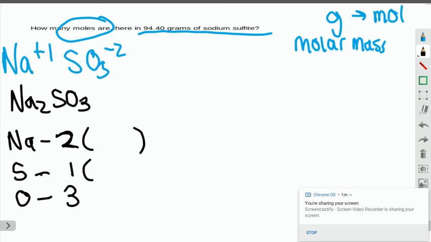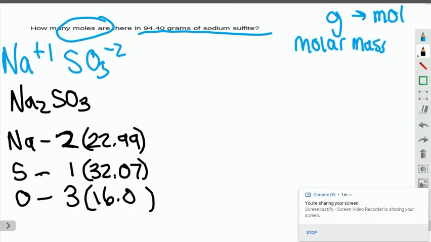So there are 2 sodiums, 1 sulfur, and 3 oxygens. Sodium has a mass of 22.99. Sulfur has a mass of 32.07. And oxygen has a mass of 16.